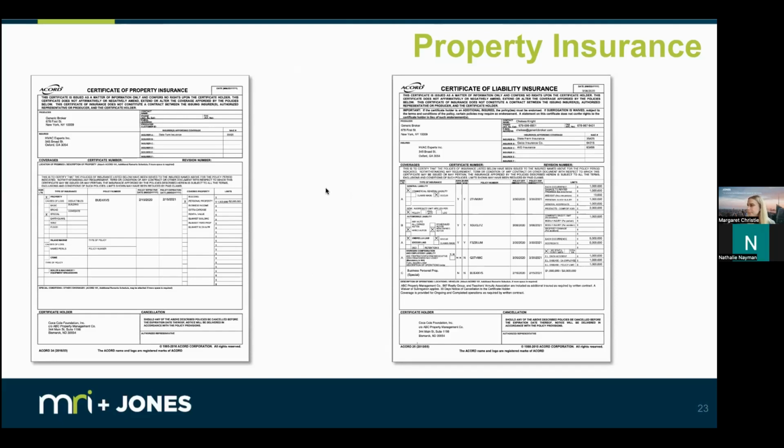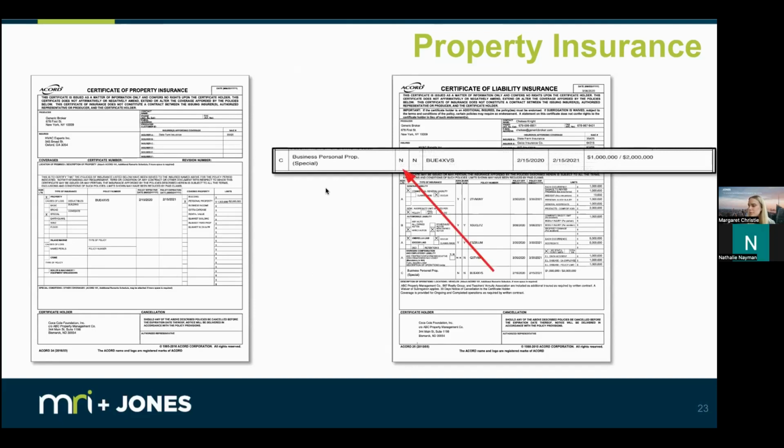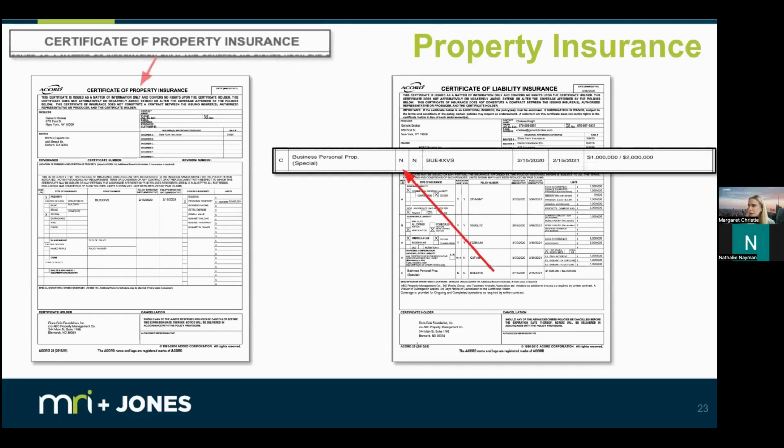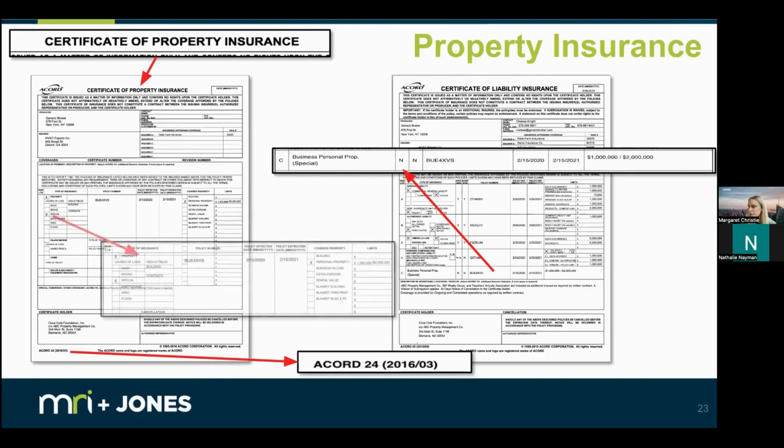So these two documents actually have the exact same coverage on them. Note that this one over here is the COI, the Accord 25 that you and I have been looking at this whole time. And then the other one, you'll note at the top, it actually says Certificate of Property Insurance instead of Certificate of Liability Insurance. And this one has a different code. It's an Accord 24 rather than Accord 25.